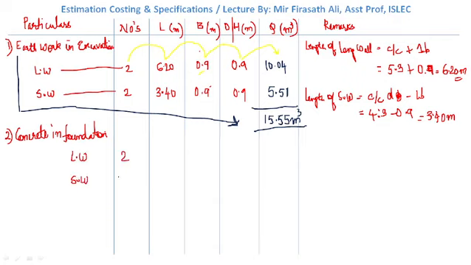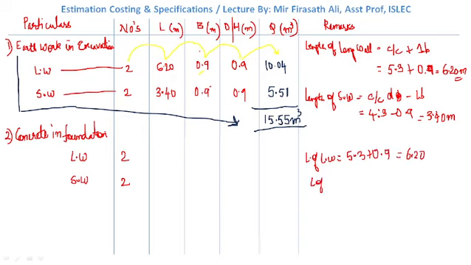How many long walls do we have? 2. Short walls we have 2. The trench we have dug over here has to be filled with concrete. So similarly, length of long wall, center to center distance 5.3 plus 0.9, which is 6.20.